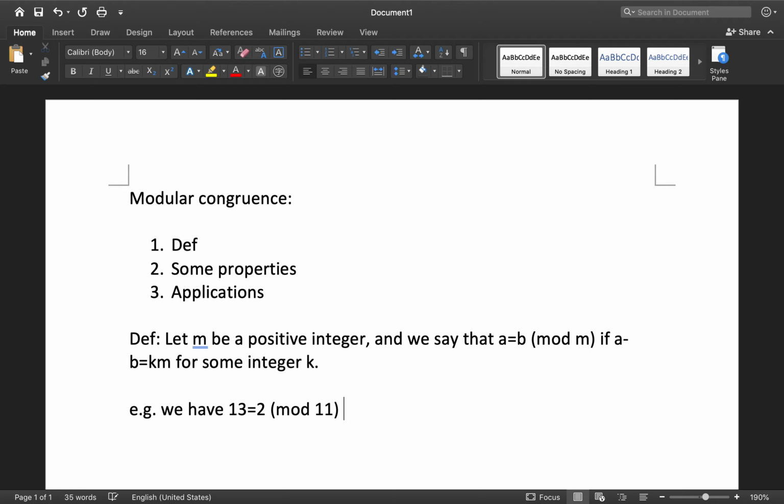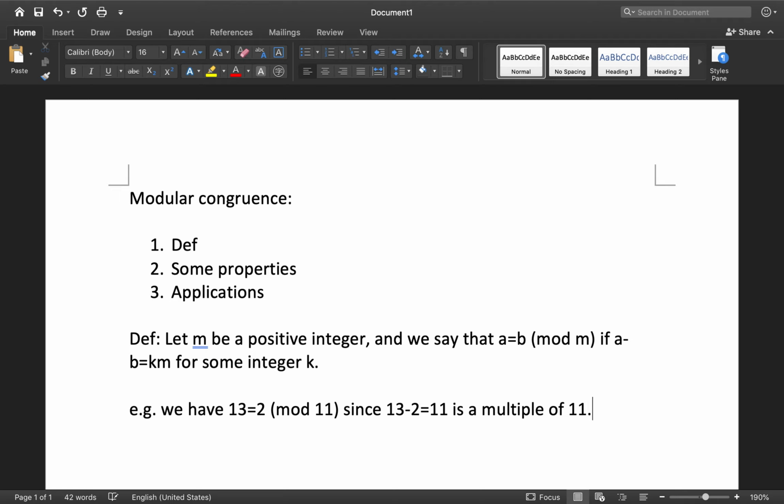Why? Because if you take the difference 13 minus 2, which is exactly 11, it's clear that the difference is a multiple of 11.